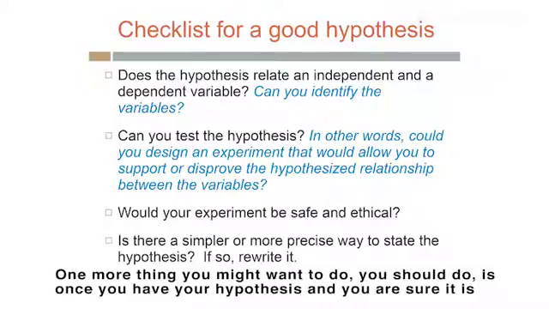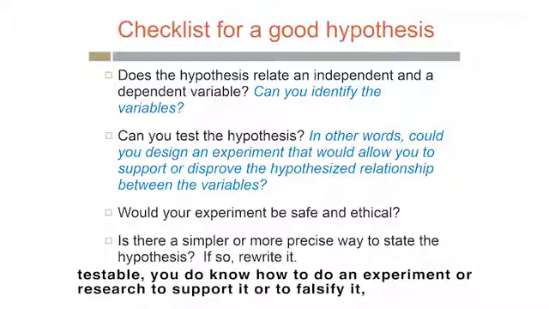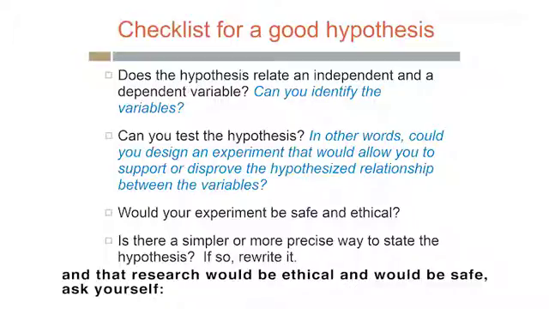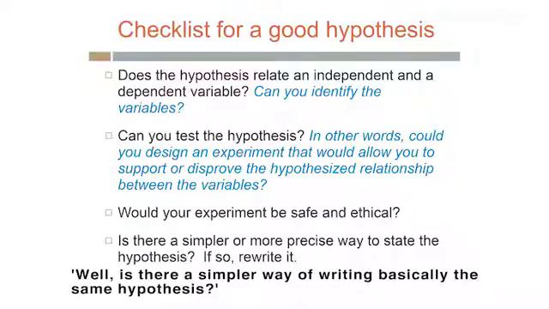One more thing you should do, once you have your hypothesis and you're sure it is testable, you know how to do an experiment or research to support it or to falsify it, and that research would be ethical and safe, is to ask yourself, is there a simpler way of writing basically the same hypothesis?